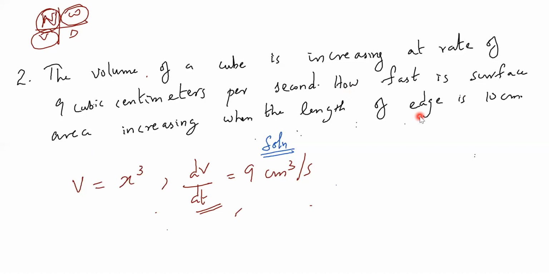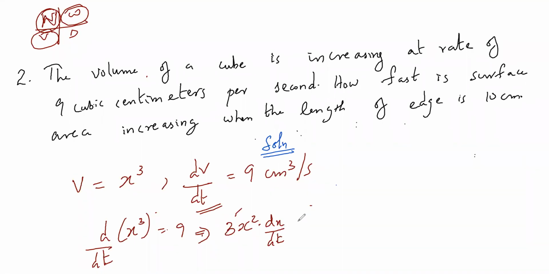Fine. So this they have given as dV by dt. Correct? Now what is my volume? My volume is x cube. This I'll substitute below. d by dt of what is my volume? x cube is equal to 9. This implies what is my x cube differentiation with respect to t? 3x square into dx by dt.